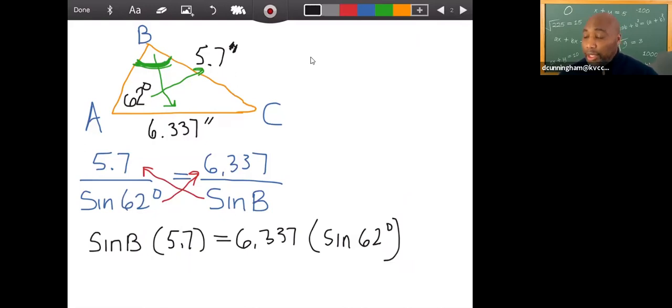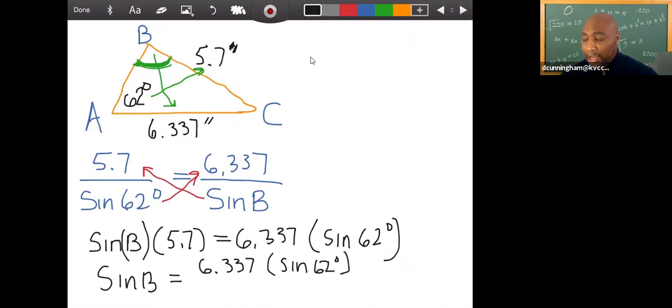Remember this is the sine of B, so the sine of B is equal to 6.337 times the sine of 62 degrees, and I would suggest you find what that value is and then divide by 5.7. Okay.